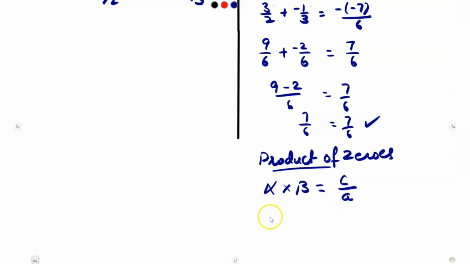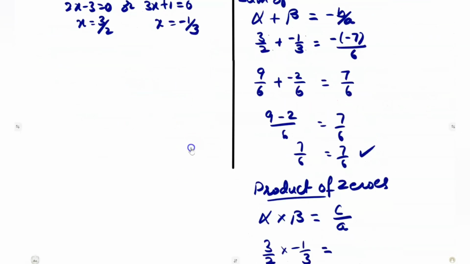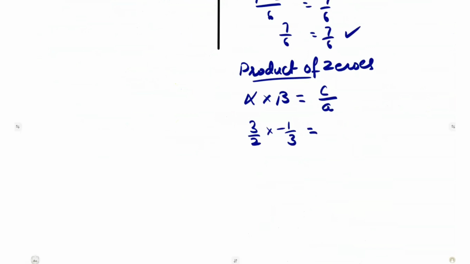Here alpha we got as 3 by 2 and beta we got as minus 1 by 3, which is equal to the constant term according to the question. Let me check, the constant is minus 3. Yes, the constant is minus 3 by a, the coefficient of x square, which is 6.